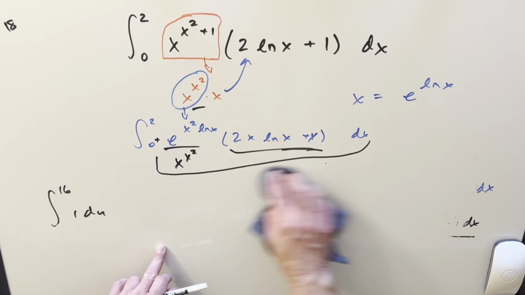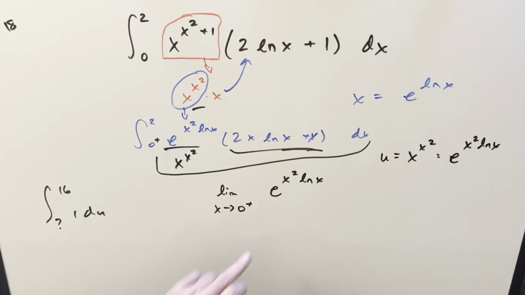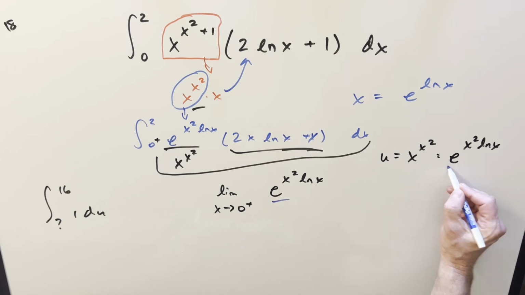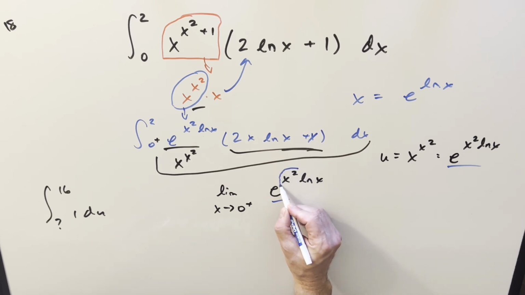So once we figure out what 0 plus is, we're all set. To calculate this limit, I've written it in this form instead of x to the x squared. It's still a problem in this form because if you plug in 0 plus, it's still 0 times minus infinity, an indeterminate form. But this allows me to focus on this limit instead.